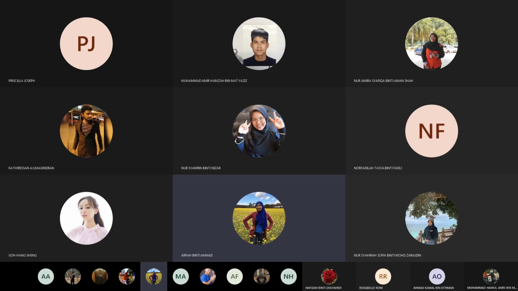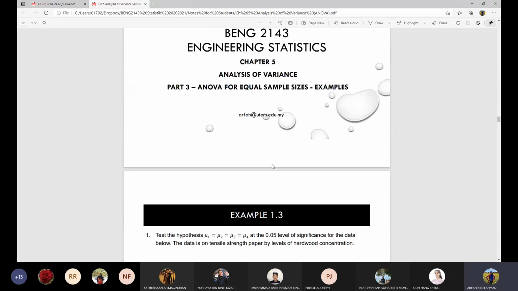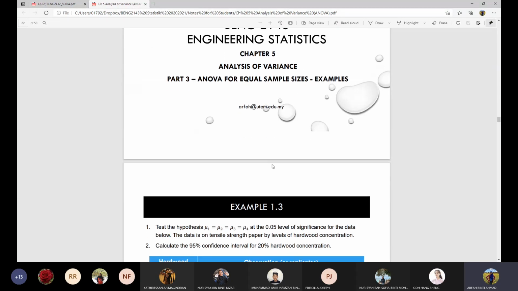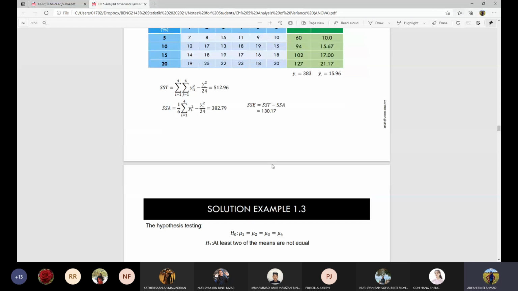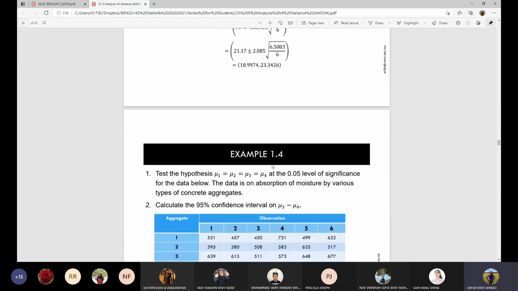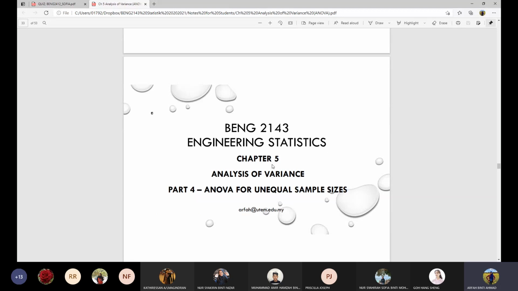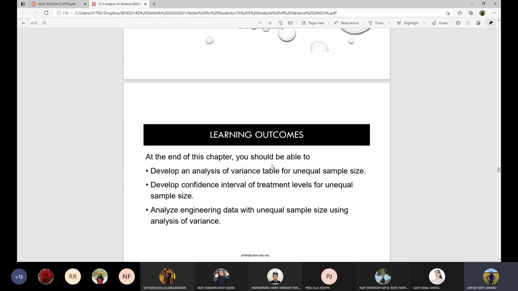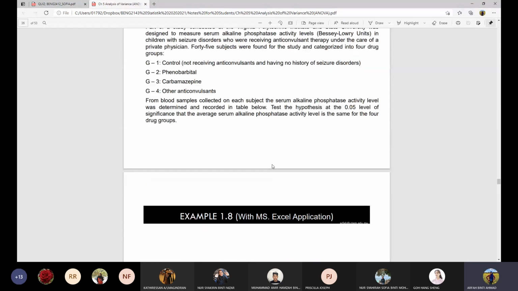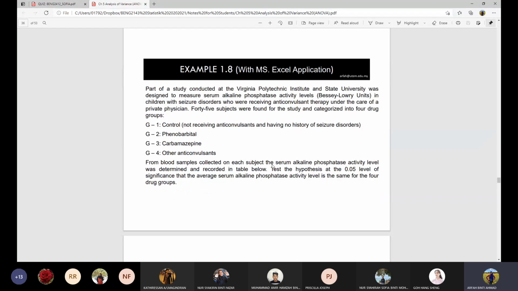Analysis of variance, so have a bit of recap from what you have learned. We have looked at analysis of variance for equal sample size as well as for unequal sample size. We have gone through this exercise, and our interest in running the analysis of variance is to see is there any difference in the equality of the mean.